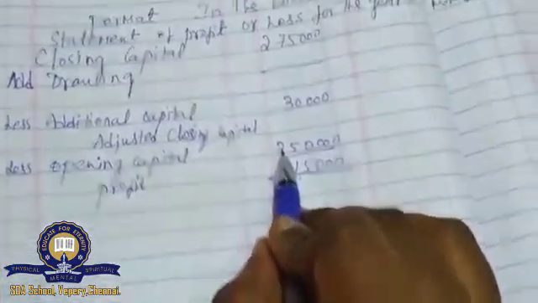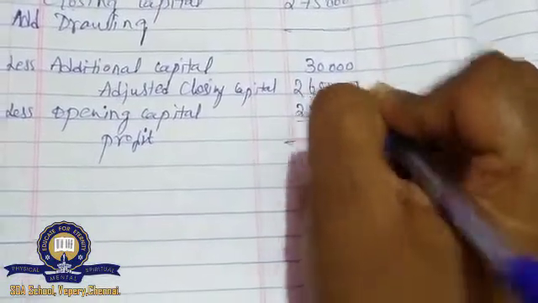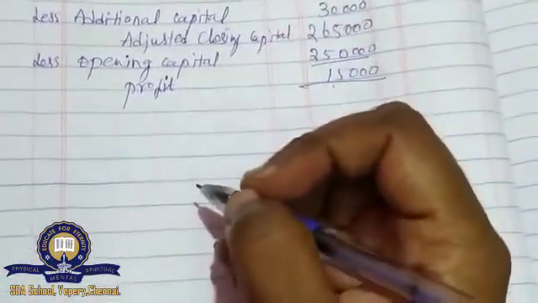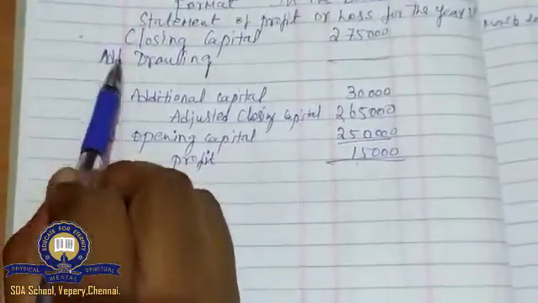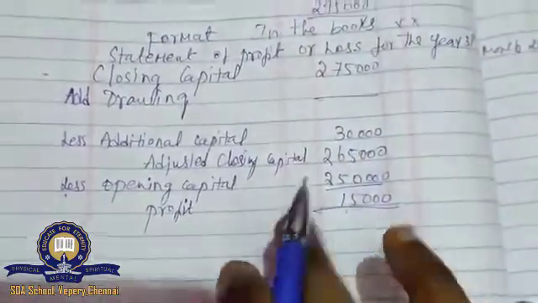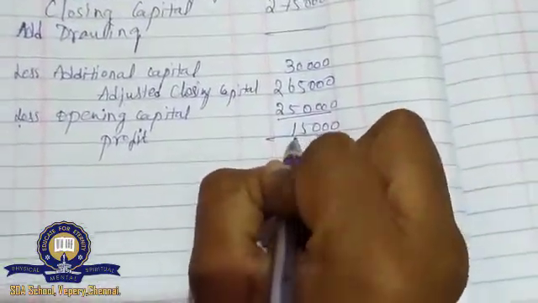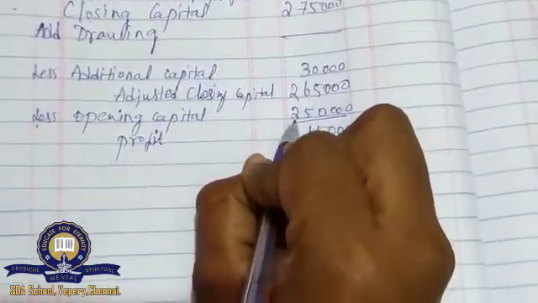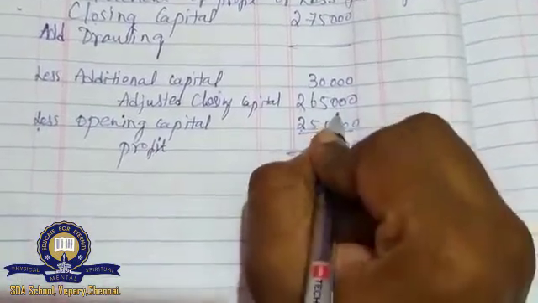If you add both, you will get 2,65,000. You have to add downwards. The less will change to add, and the add will be changed to minus. So to find out the drawing, for the drawing method we have to do like this. 15,000 plus 2,50,000, if you add both, you will get 2,65,000.